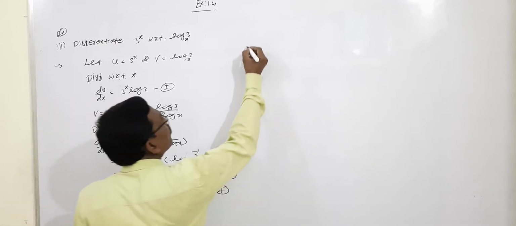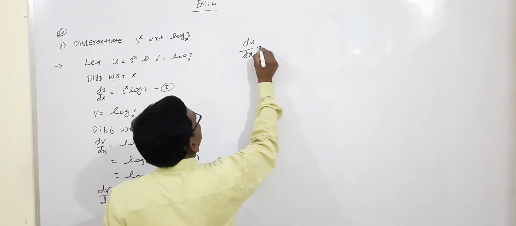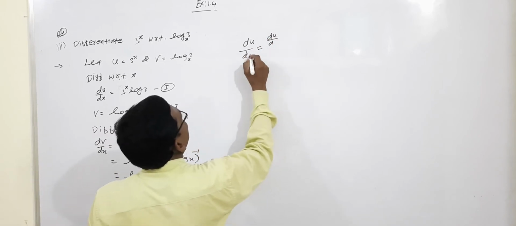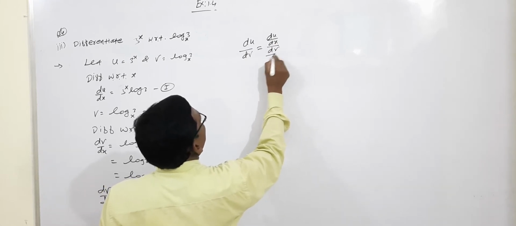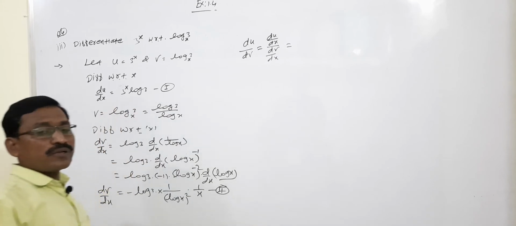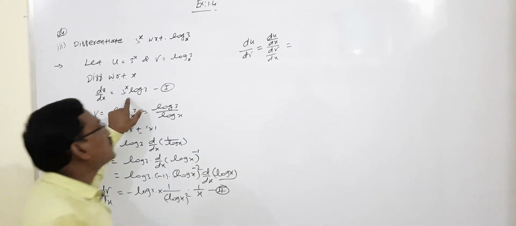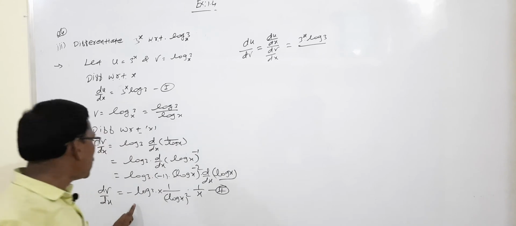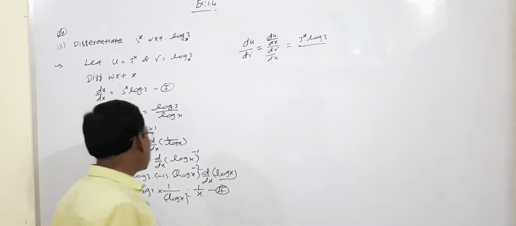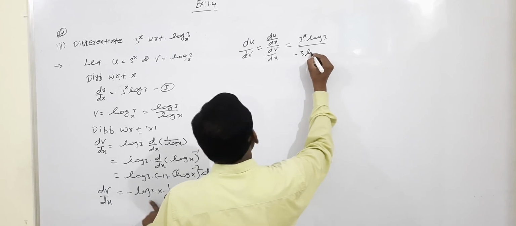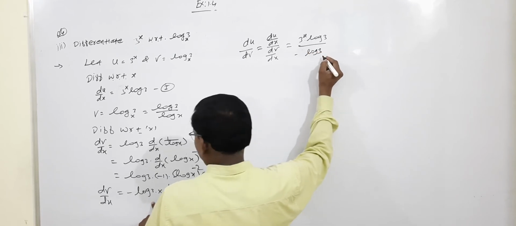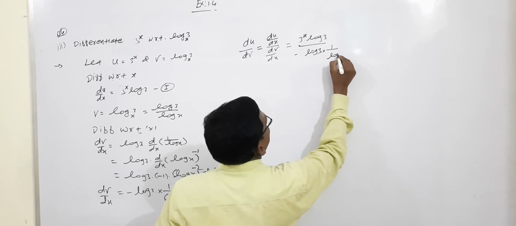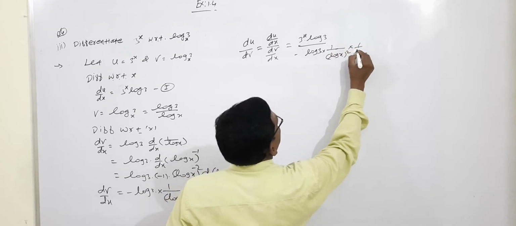Now du by dv, du by dx divided by dv by dx, is equal to, from equation 1, du by dx, the derivative of u with respect to x, which is 3 raised to x into log 3, divided by dv by dx from equation 2, which is minus log 3 into 1 by log x whole square into 1 by x.